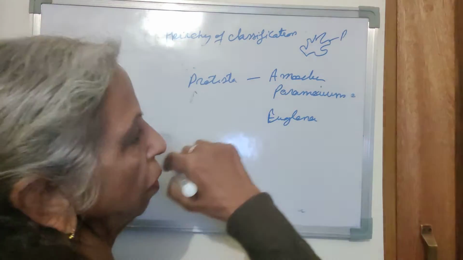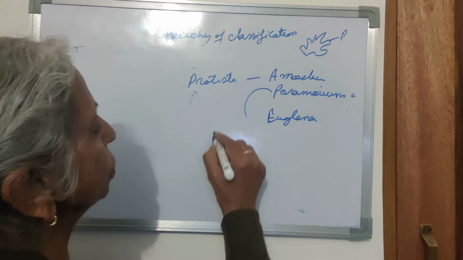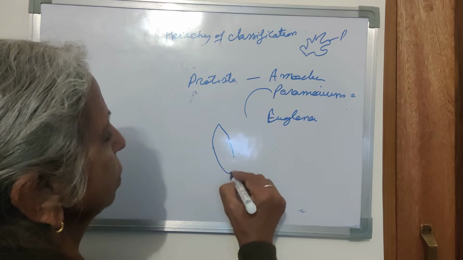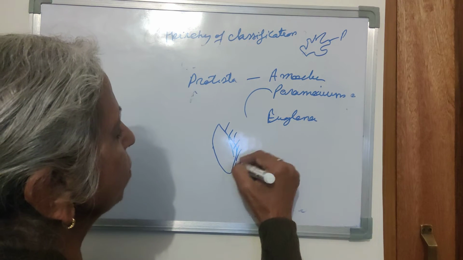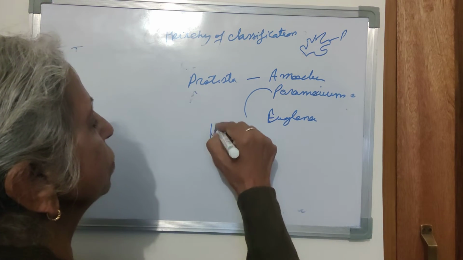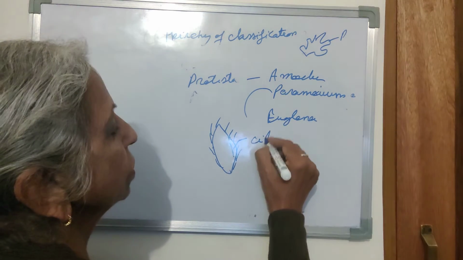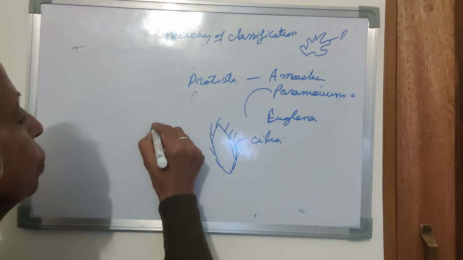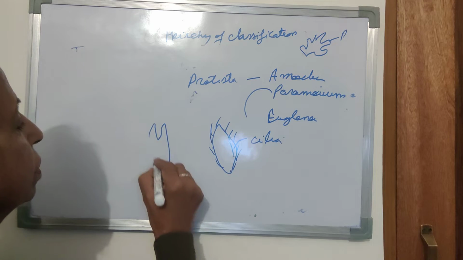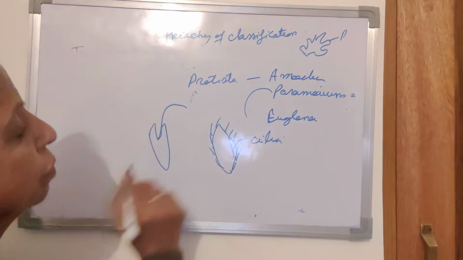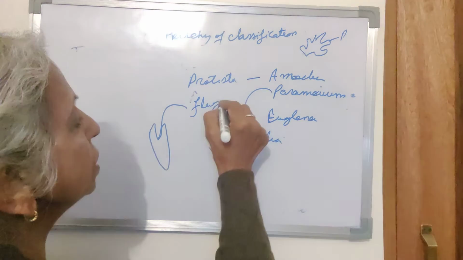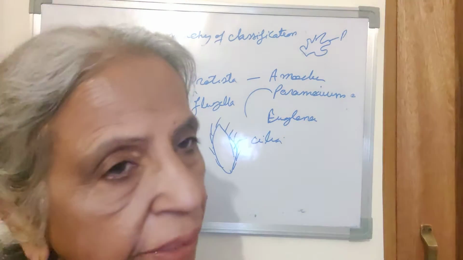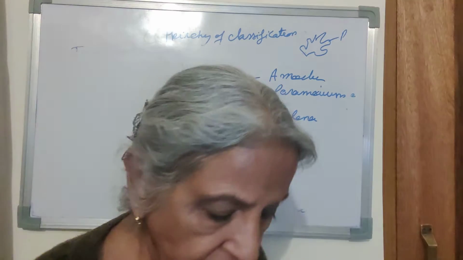In case of paramecium, hair-like projections are present, which are called cilia. And in case of euglena, a whip-like extension is present, which is called the flagellum. These are locomotory organelles in case of Protista.